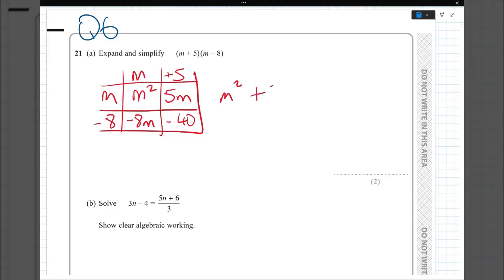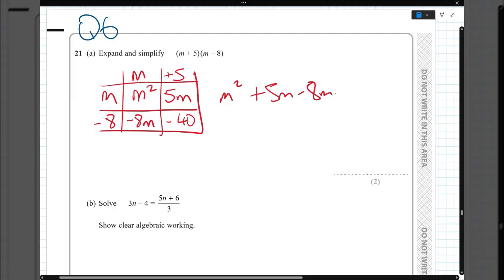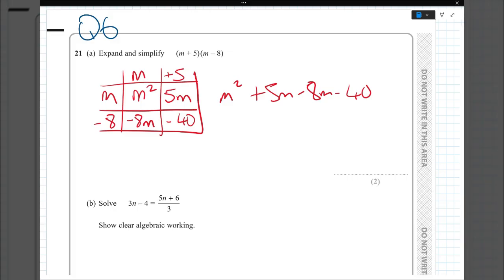So M squared plus 5M take away 8M, take away minus 40. Now, this is really important. You do the grid method, you're multiplying within that grid, and then you take all 4 terms out, but 2 of them will simplify, and that gives us negative 3M.